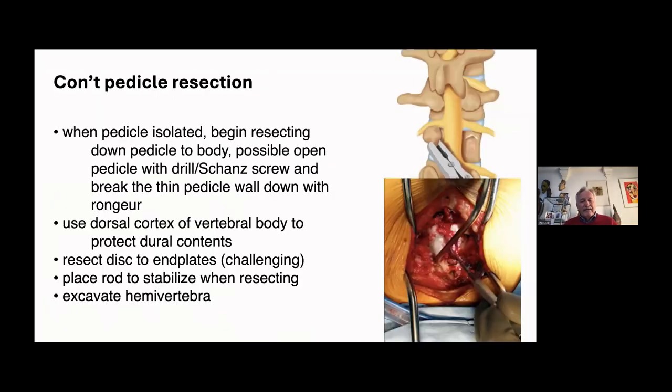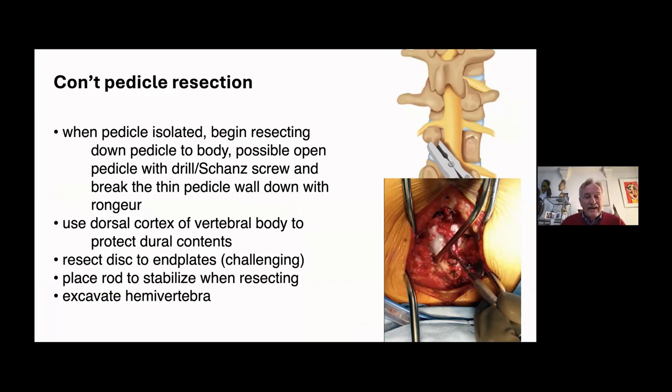And when the pedicle once is isolated and resected superficially, you can excavate the pedicle either, or you can cut it down. We sometimes use a shank screw just to open the pedicle, and then we can go with a curette into the pedicle and already start to excavate the vertebra, the hemivertebra, because then the neurostructures are preserved.